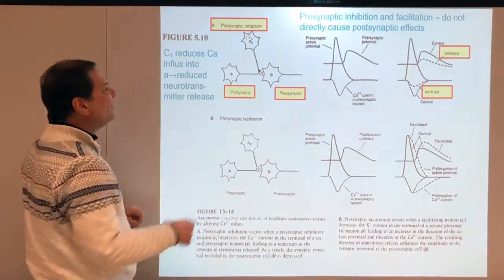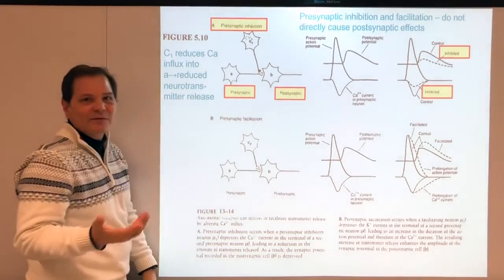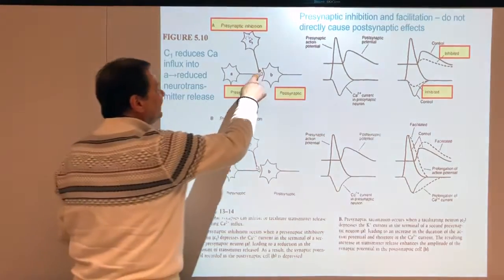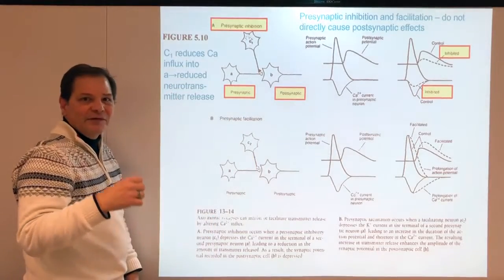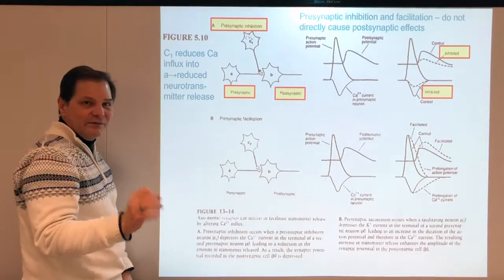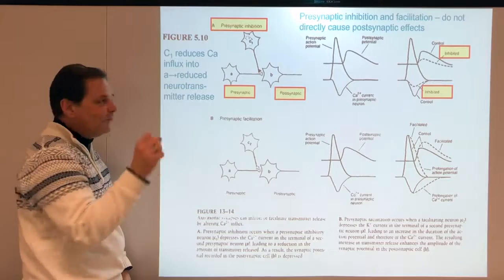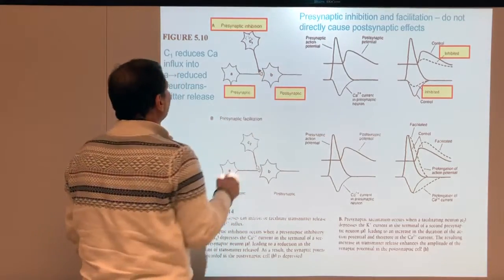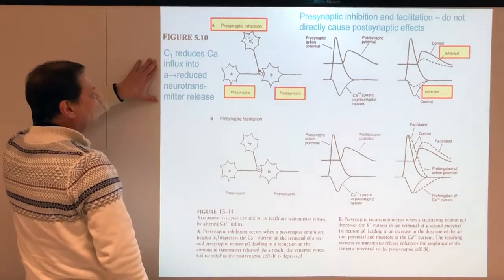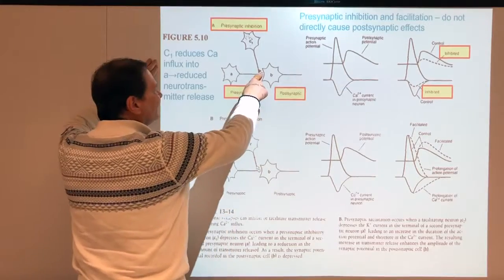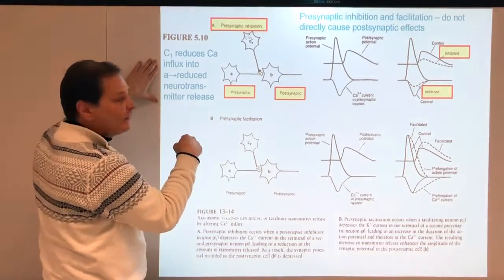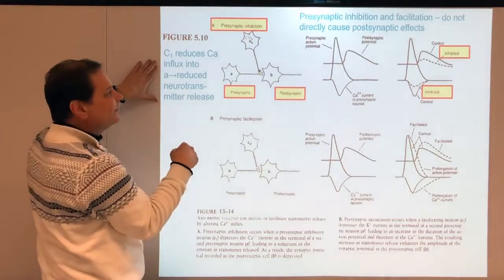So you guys remember, the action potential comes down, calcium channels open, the increase in calcium in this nerve terminal causes neurotransmitter vesicles to fuse with the presynaptic membrane, and you get neurotransmitter release. If you reduce the calcium influx, you make the neurotransmitter release less likely, or at least you reduce the release.